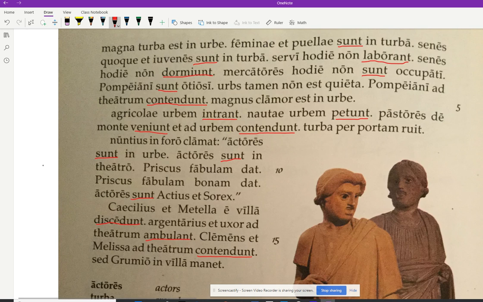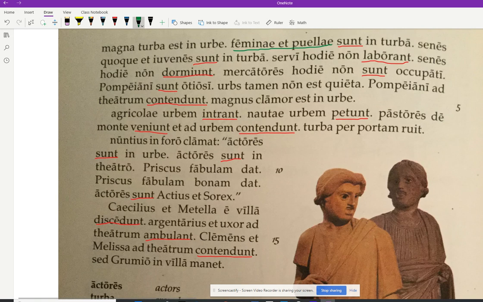So let's grab a green here. Look at the nominatives of these verbs. So sunt is a they are, so we need a plural nominative. And here it's going to be feminae and puellae. If you have an and, you can usually expect it to be linking two words in the same case. So these are both going to be nominative. So AE here, remember that's first declension nominative plural. So they're my subjects here.